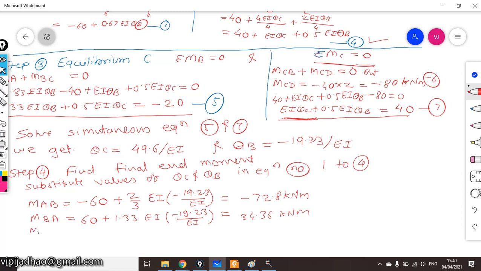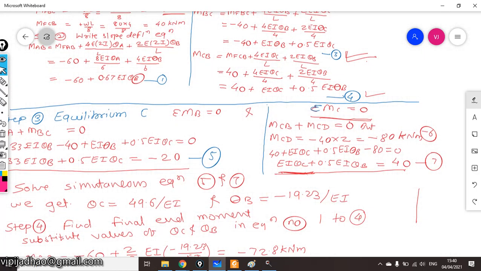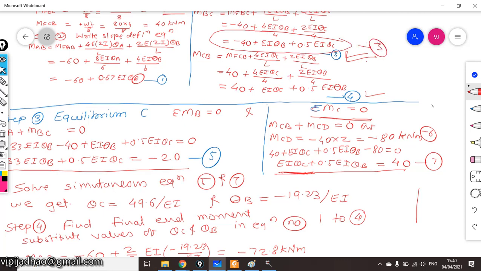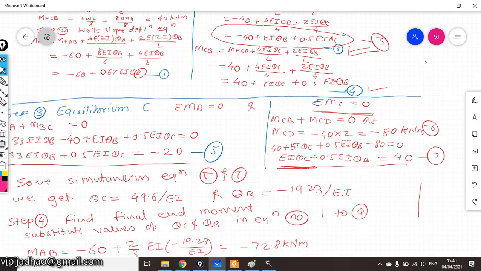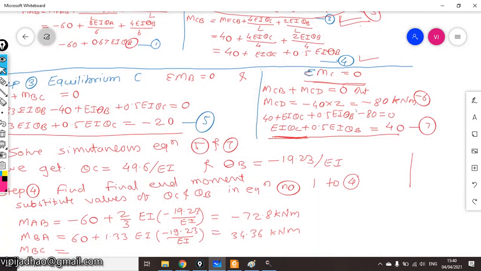Similarly, put the value of theta B and theta C in equation number 3, that is MBC. This is the equation number 3. Put the value of theta B and theta C in this particular equation.